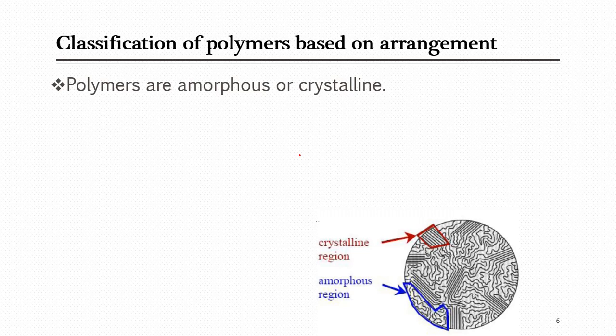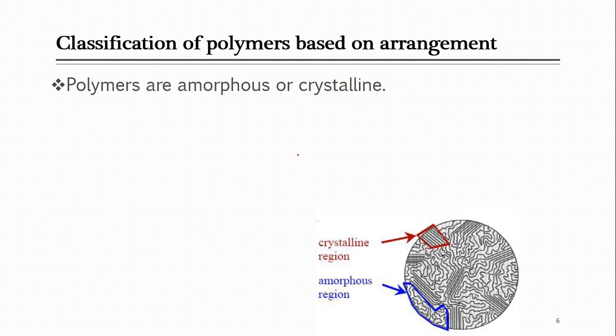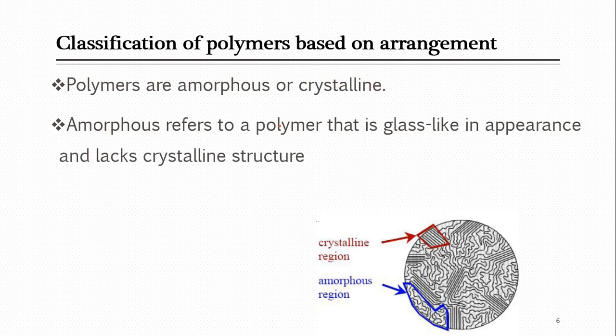Then we said that polymers are long chains of monomers connected together. They are arranged either in the form of amorphous or crystalline polymers. Amorphous means they don't have any specific shape, and usually they look like glass. We can sometimes call them glossy polymers, but they are amorphous and lack crystalline structure, proper arrangement of chains.